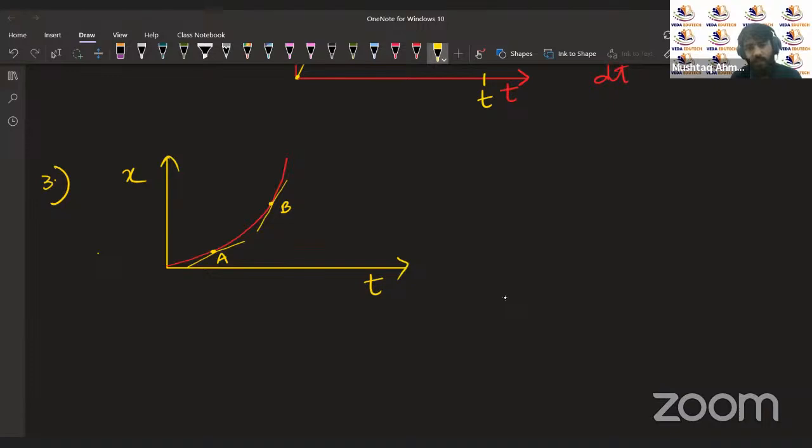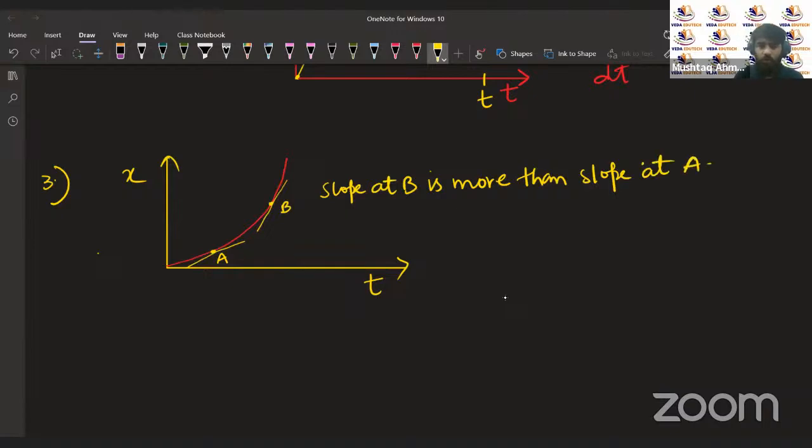We can clearly see that the slope at B is more than the slope at A. If the slope at B is more than the slope at A, it means the velocity, or the speed, is greater at point B than at point A, right?